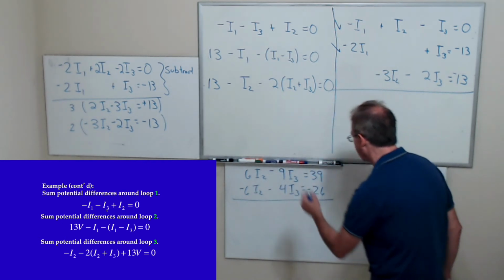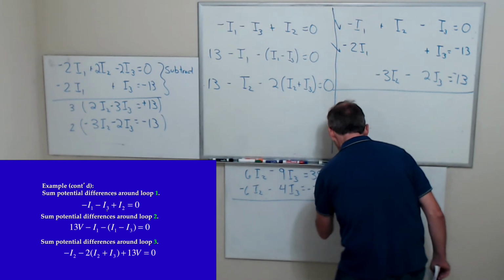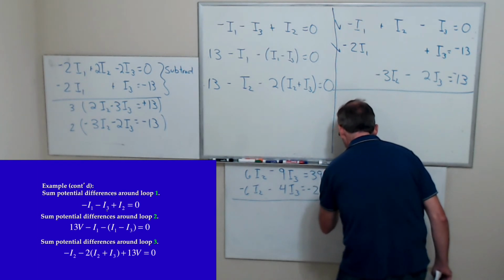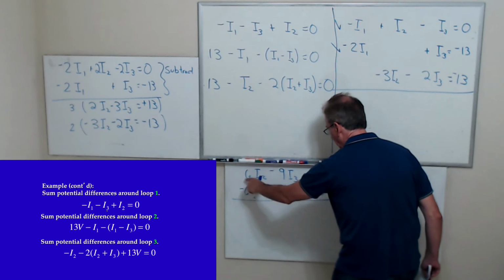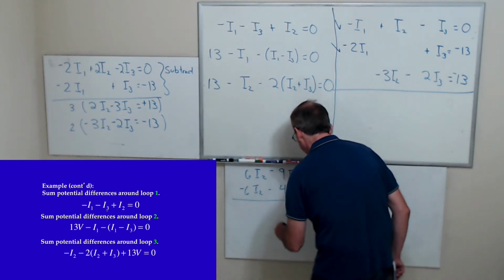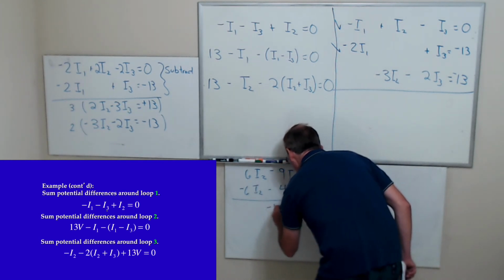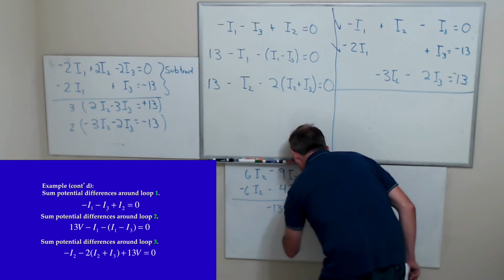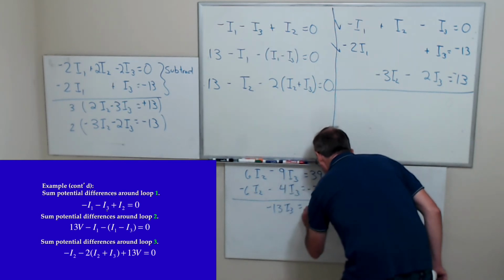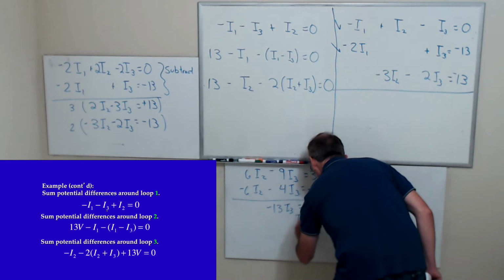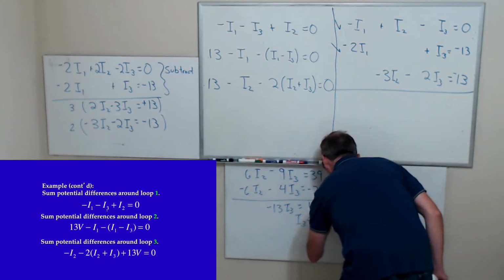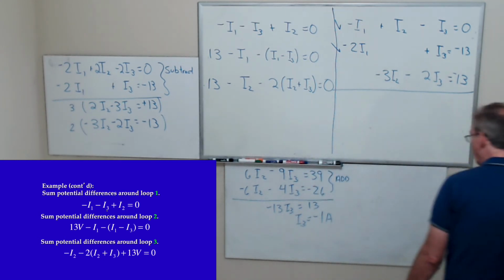And then I'm going to add the equations. Basically, I'm adding the coefficients, right? I got I3 is minus 1 amp.